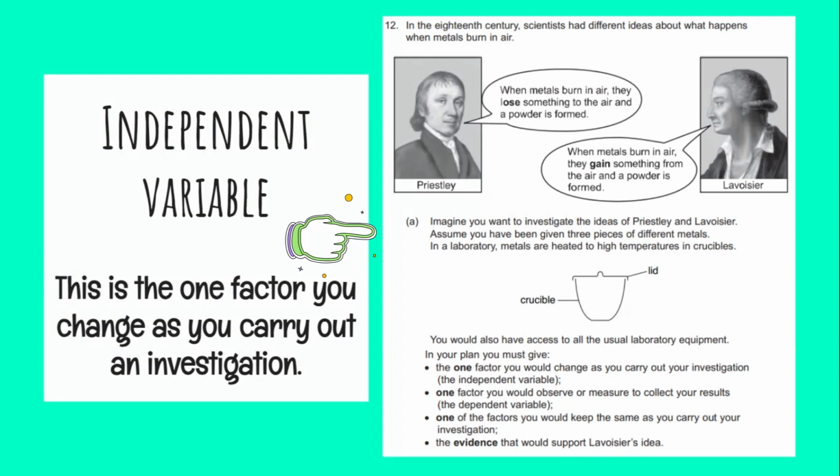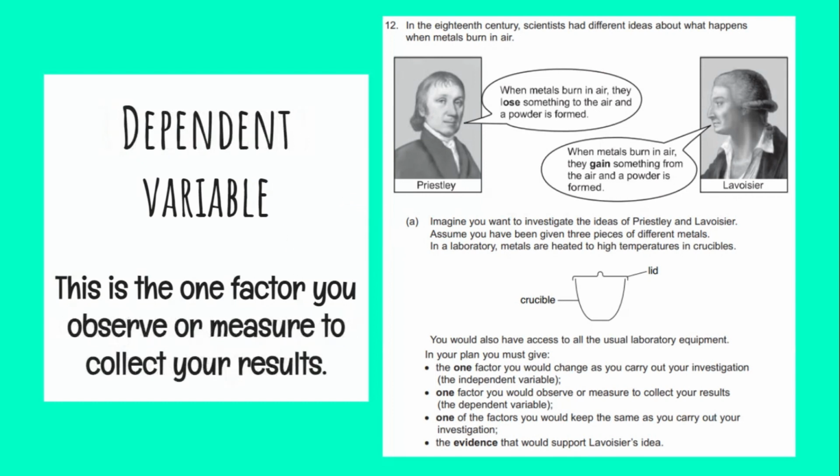You've been given 3 pieces of different metals, so what you could do is change the type of metal that you are going to be investigating, and you could carry out investigations on each of those 3 pieces of different metals. The dependent variable is the one factor you observe or measure to collect your results.